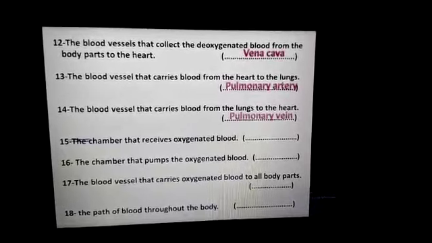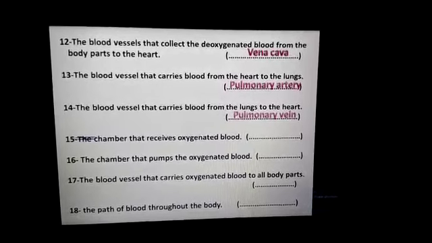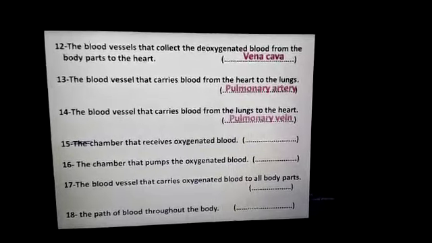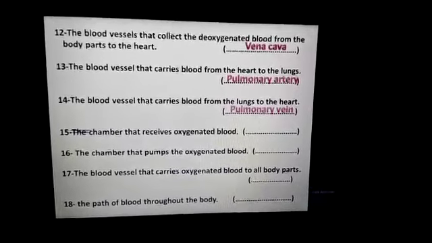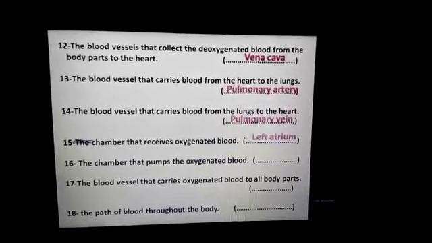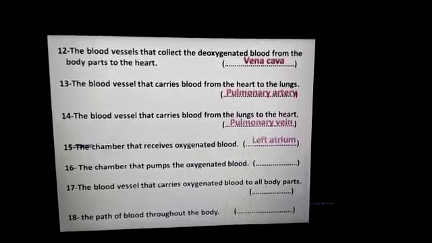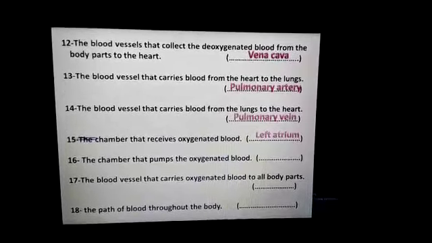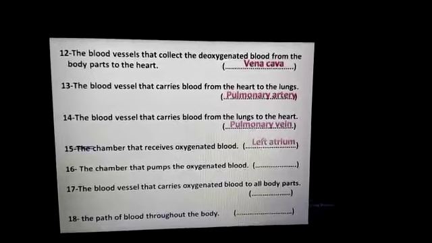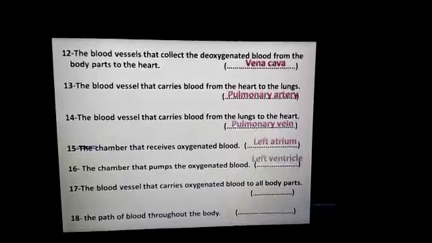Number fifteen, the chamber that receives oxygenated blood. Receives, so this is atrium. Which atrium receives oxygenated blood? So this is the left atrium. Number sixteen, the chamber that pumps the oxygenated blood. Pumps means which chamber pumps blood? Ventricle. And oxygenated, so left ventricle.